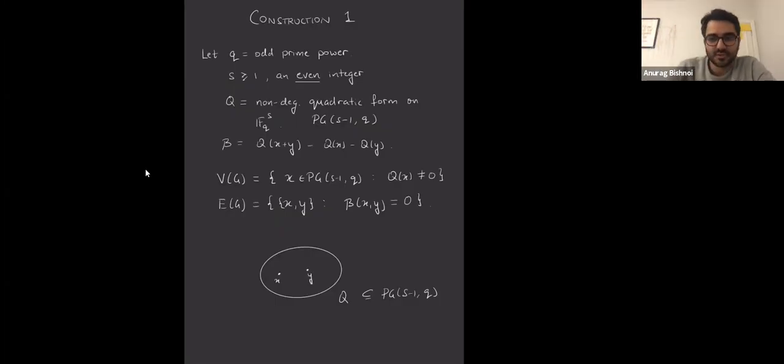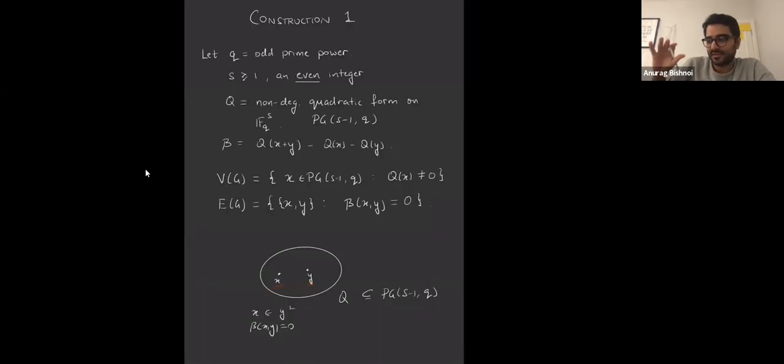So taking the singular points with respect to the quadric and defining adjacency as x being collinear to y, which is if and only if x is in y perp, which is the same thing as beta of x comma y equal to 0. So we already had a graph that looked like this, but earlier we were focusing on points inside the quadric.